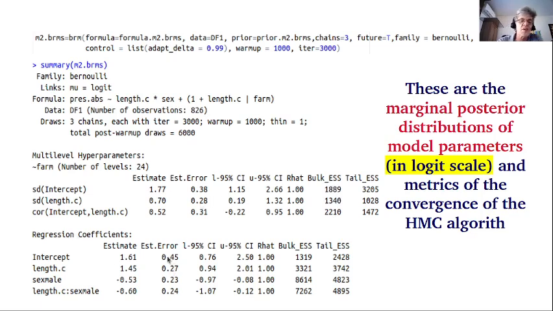For the population level parameters, taking for instance the slope for the reference sex, the mean value is 1.45, and there is a probability of 95% that the value of this slope ranges between 0.94 and 2.1. Obviously it's highly unlikely that 0, showing the absence of relationship between length and the logit of p, is included in this 95% credible interval shown here.